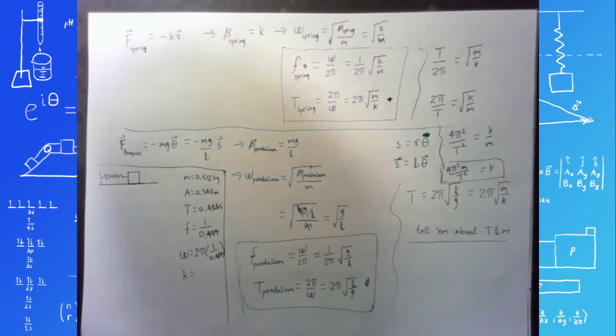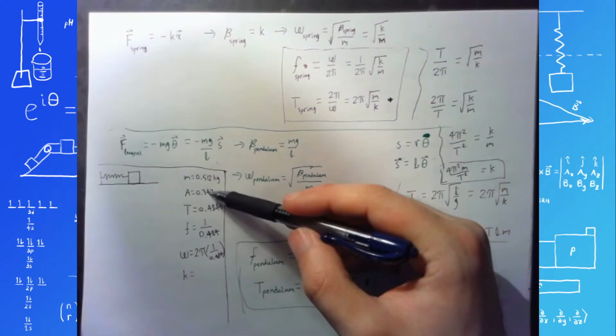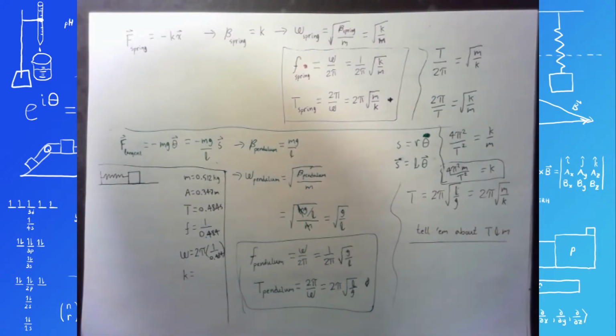Part E, find the maximum speed. Well, we can do that now that we have k from the previous part, and we know the amplitude. So we can calculate 1/2 k a squared, the maximum potential energy, which is also equal to the maximum kinetic energy.